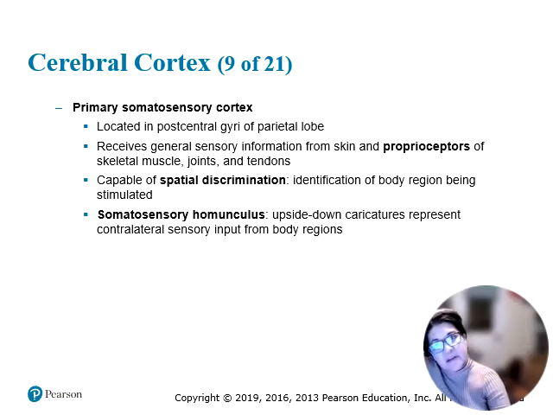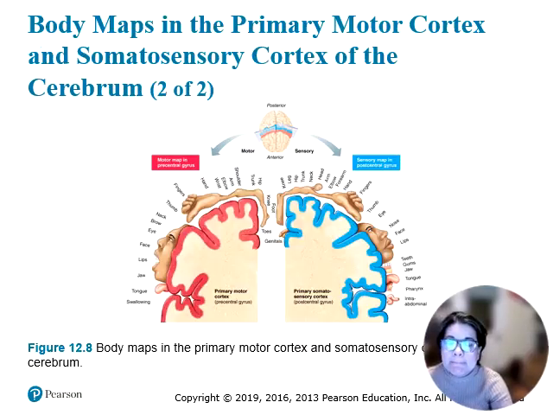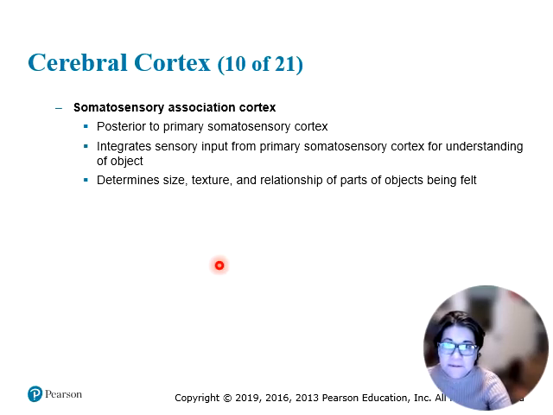It's the same homunculus, except this is for sensory. So here it is. This is that part right there, cross section. And this is where in your brain these different areas are felt. So this helps you understand what you're feeling and what information you're getting from the environment.